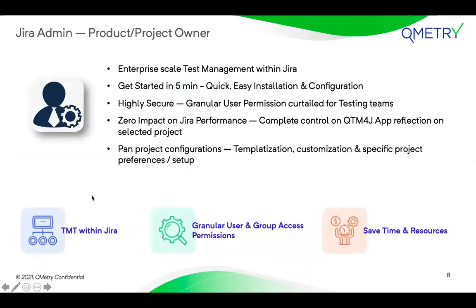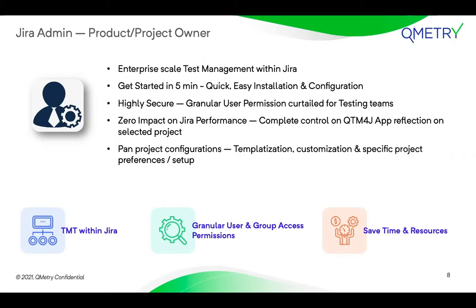If you look at the start of implementation, the first point of contact that we meet is either a Jira administrator who would be in charge of implementing, onboarding, and configuring the test management app or the testing process, in combination with a product owner, project owner or program owner. Because QMetry for Jira is within the Atlassian ecosystem, it offers enterprise-grade flexibility and brings highly secure interfacing while you install QMetry.